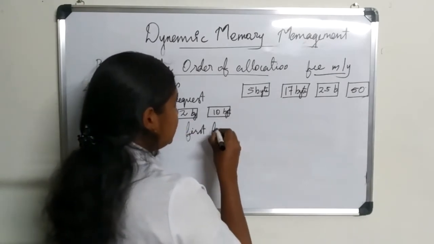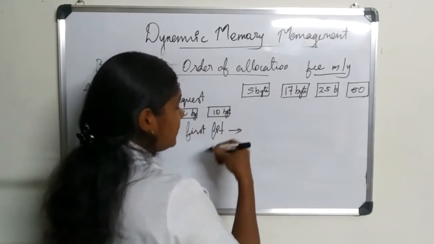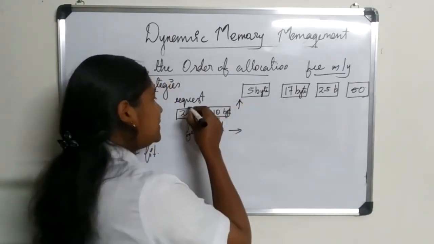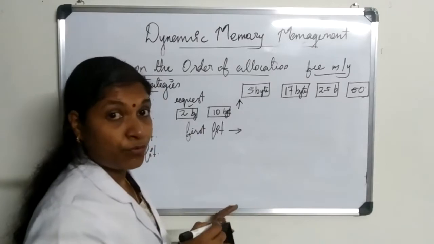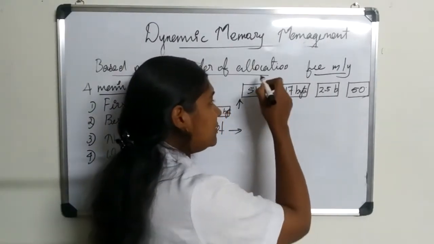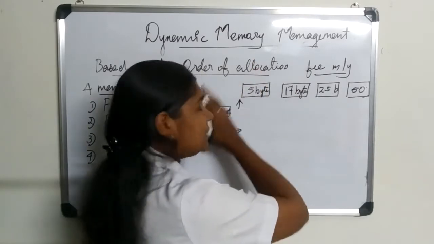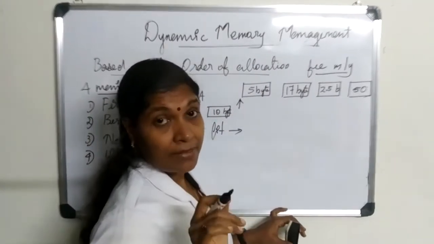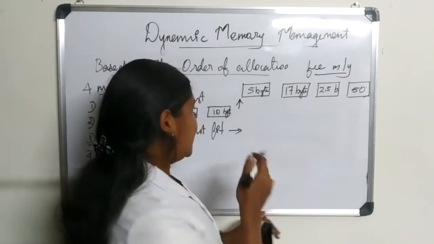First we will consider the first fit scheme. According to first fit, we start from here. The first request is of 2 byte. It will check whether the first block is able to satisfy the request. The first block itself is 5 byte, so it can satisfy the request.